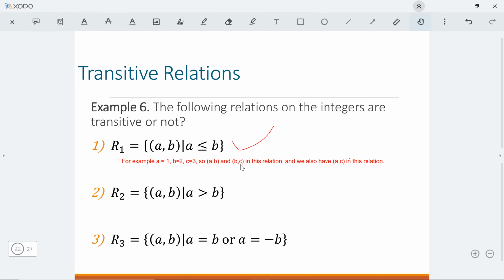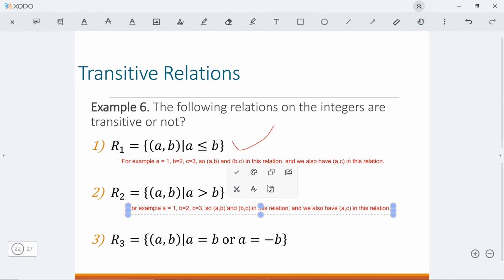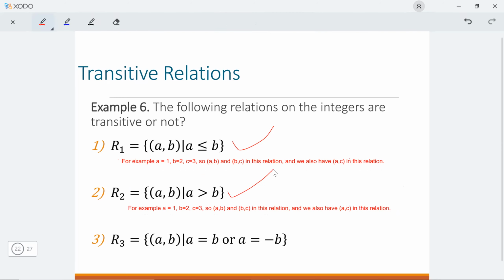So by similar reasoning, the second relation is also a transitive relation.